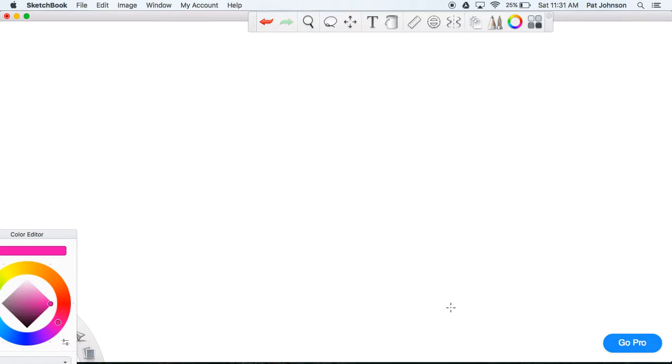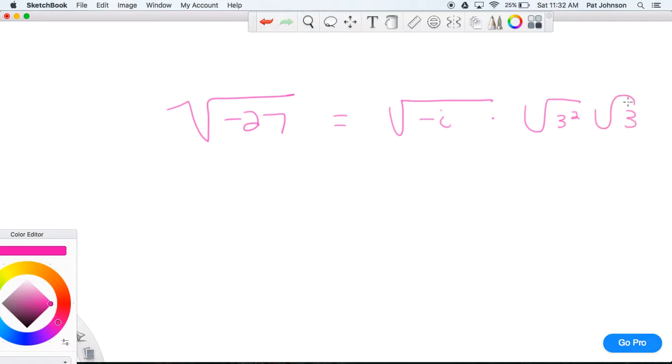So let's look at an imaginary number. If I have the square root of negative 27, I can break this down to the square root of negative 1 times 3 squared times 3. The property that says I can do this requires the same index number, and they all have an implied 2, so I can break them up or put them back together.